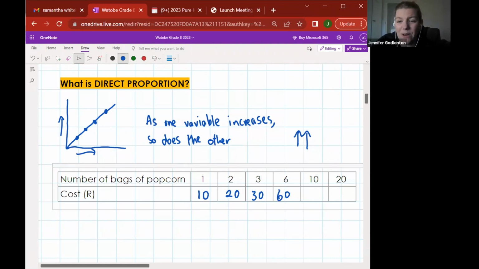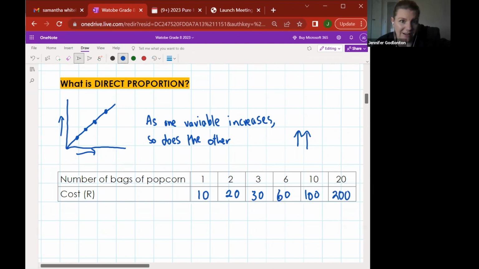If we have 10 bags of popcorn, it's going to be 100 Rand. If we have 20 bags of popcorn, it is going to be 200 Rand. And when we're using direct proportion, we are using ratio. So in this case, we are using the ratio of 1 and how much our bags cost.